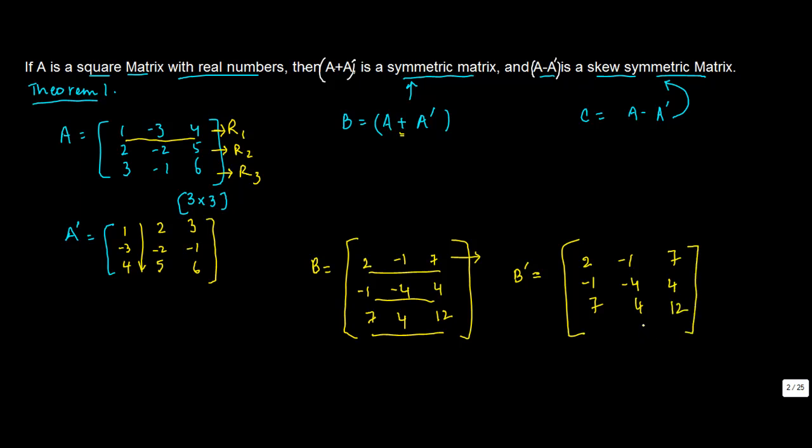Right? Now if you notice, both these matrices are equal, hence B is equal to B dash, and if that be the case, we know that B is a symmetric matrix. Why? Because B dash is equal to B.